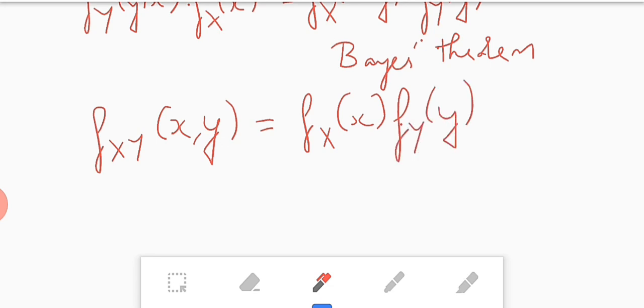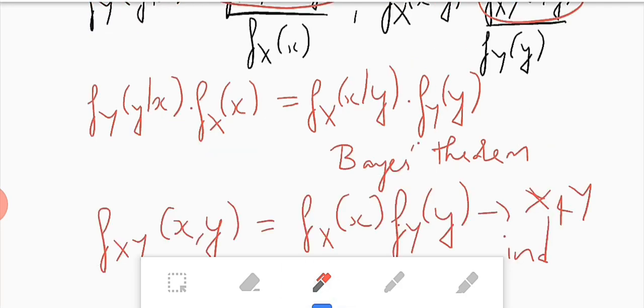This is only if x and y are independent. What will happen if you substitute this in equations 1 and 2?